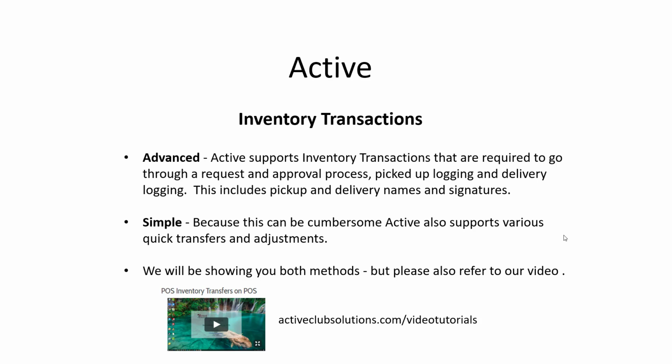This includes pickup and delivery names and signatures. Because this can be cumbersome, Active also supports various quick transfers and adjustments. We will be showing you both methods, but please also refer to another video that we have called POS Inventory Transfers.